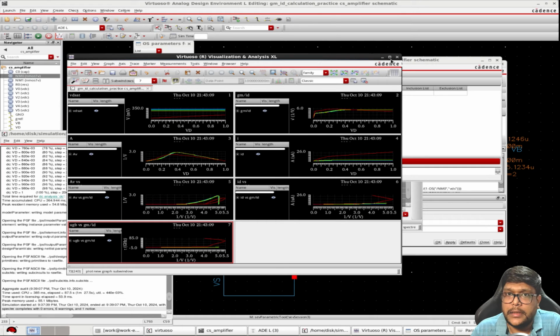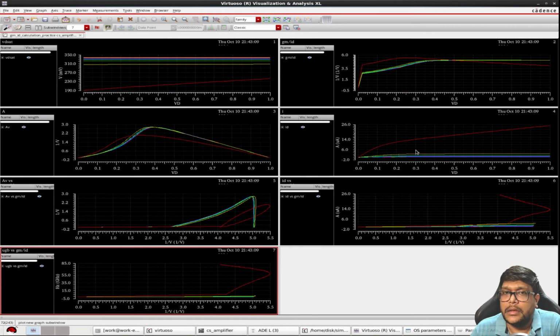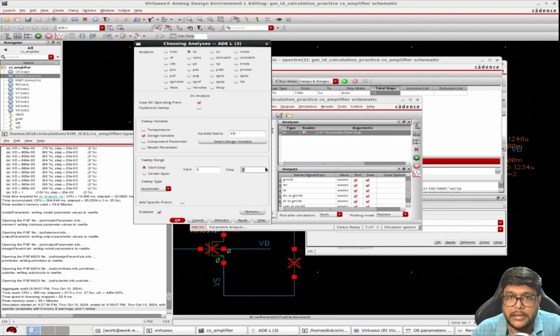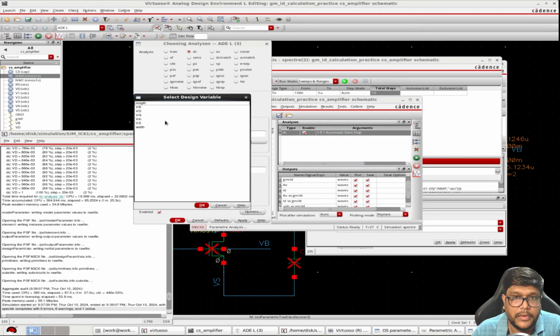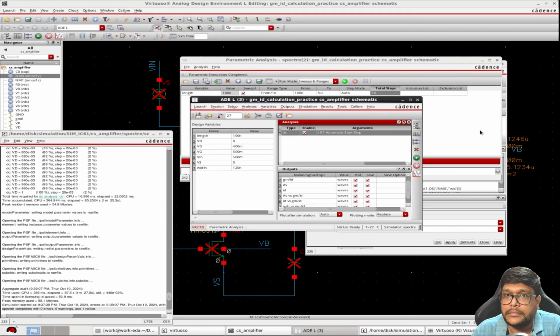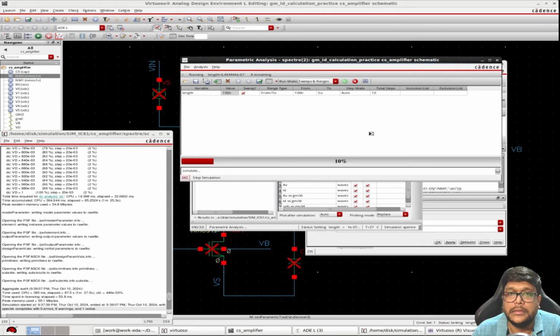So all these changes are with VD, so it is not correct. What I need is the change for VG from 0 to 1. Let me run it.